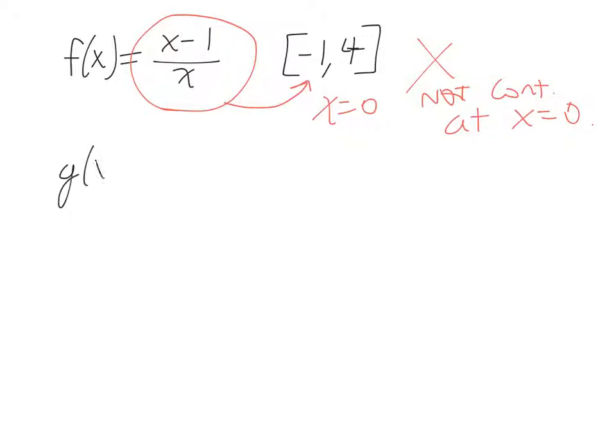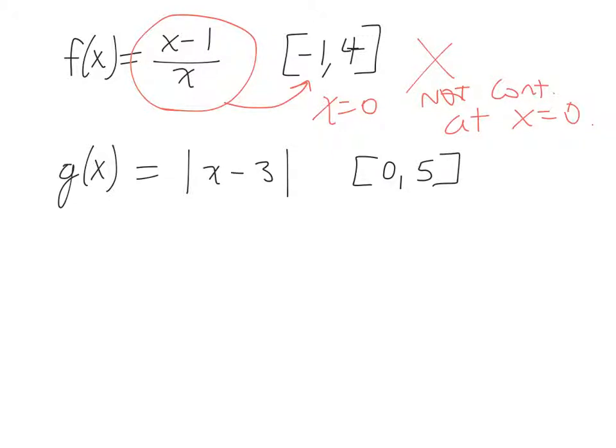Another, maybe I've got something with an absolute value. Because we know there are times when absolute value functions cause trouble, say I'm looking at the absolute value of x minus 3 on the interval from, how about 0 to 5. I'm just making this up.